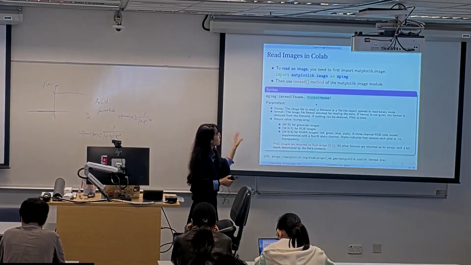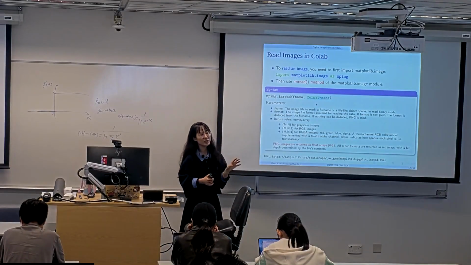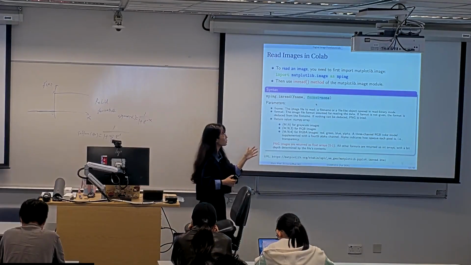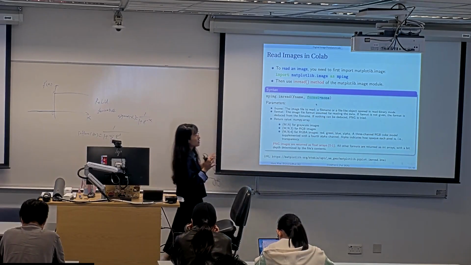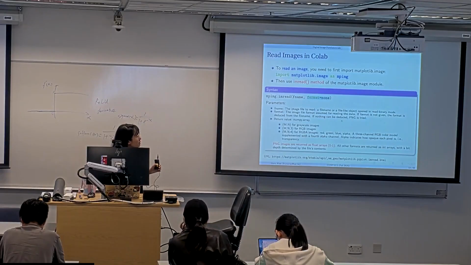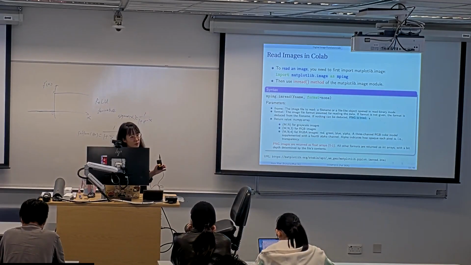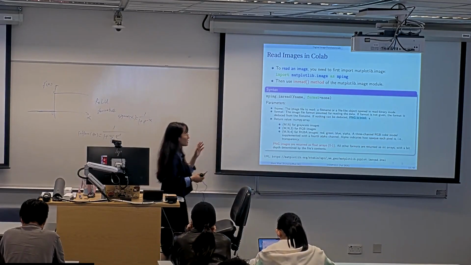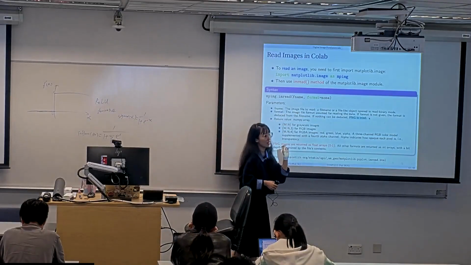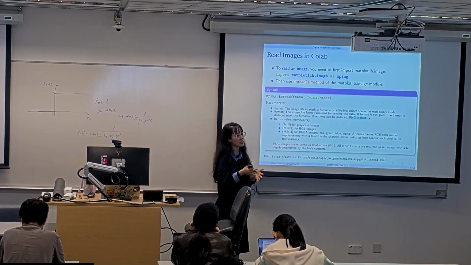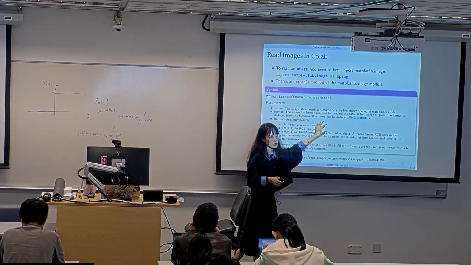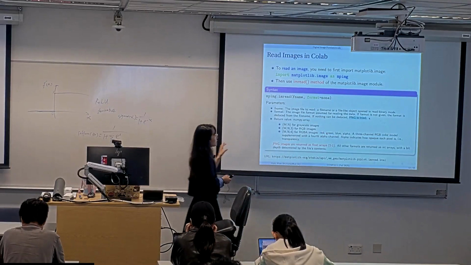Or if you give a file name like image.jpeg, then it deduces, okay, the format is JPEG. If nothing can be deduced, then by default it is PNG. So if you didn't give the format and this function cannot read the extension of the file name to infer the format, then it will try to read this image as a PNG.